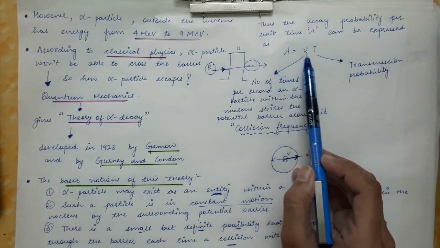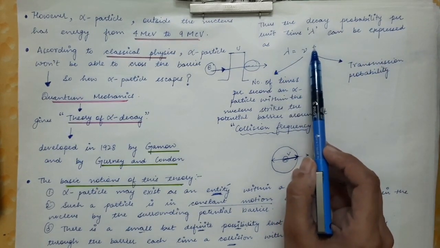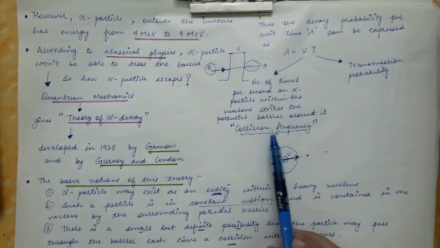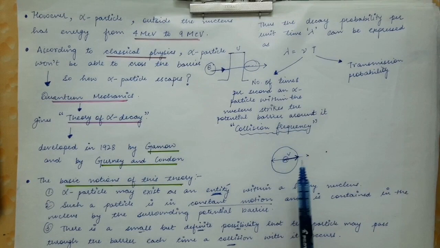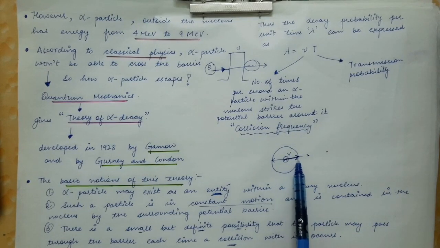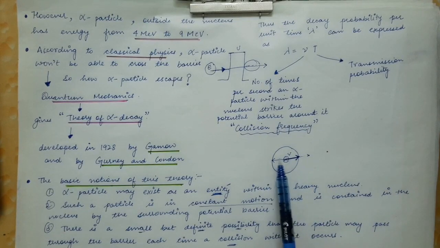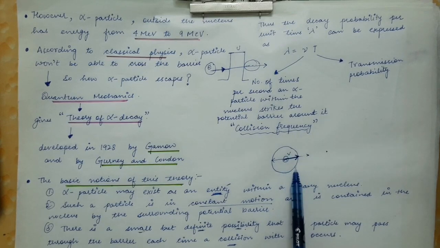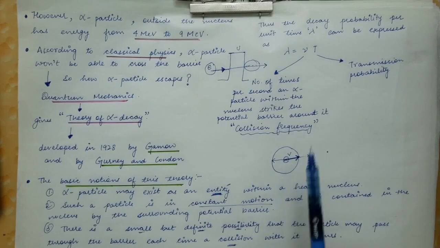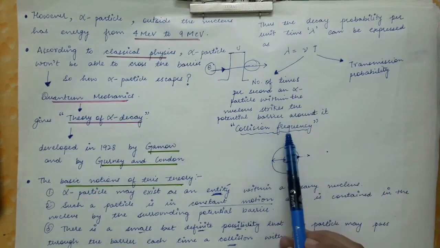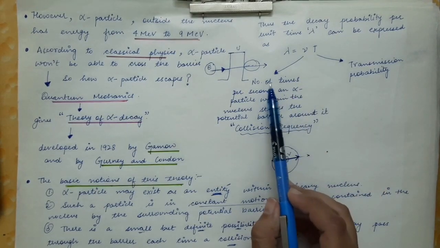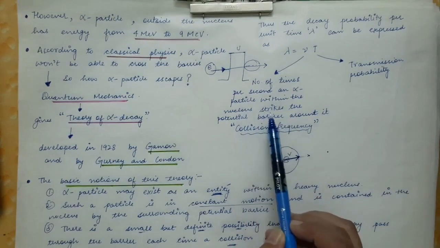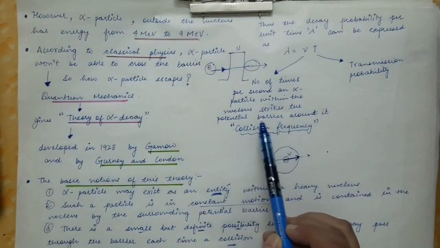So lambda can be expressed as nu into capital T. Now what is nu? Nu is the collision frequency. As we have said, the alpha particle is in continuous motion and it will continuously collide with the Coulomb barrier or the potential barrier which is at the surface. So nu is the number of times per second an alpha particle within the nucleus strikes the potential barrier.